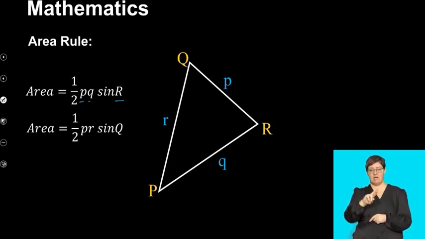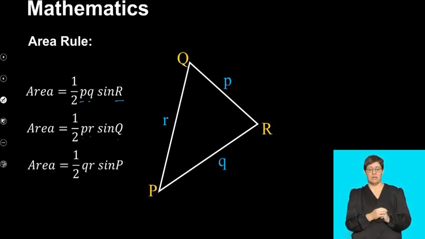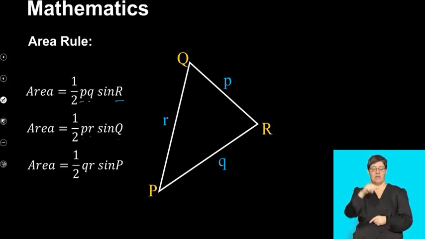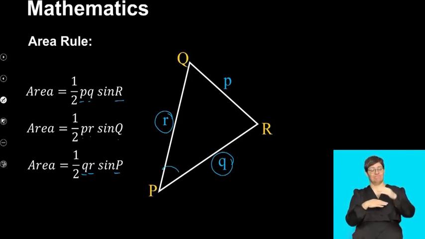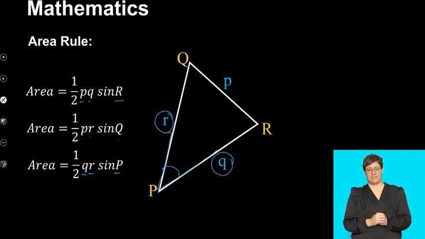Half pr sine Q. And the last version for this triangle will be half qr sine of P. Just remember again, if we were using the last version, it's q, r, and sine of this angle. So we would be looking at this V pattern in this case.